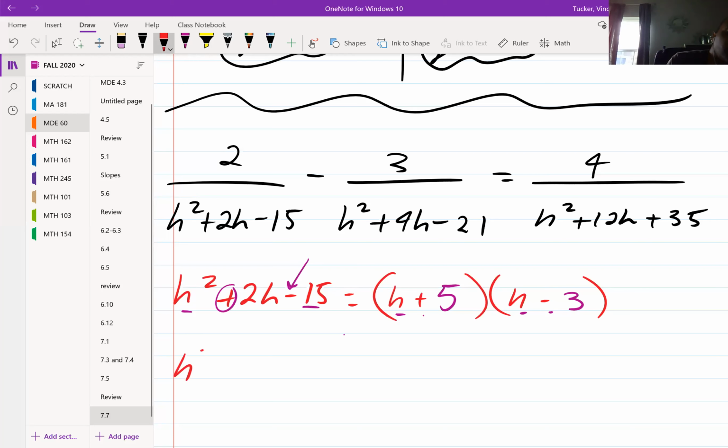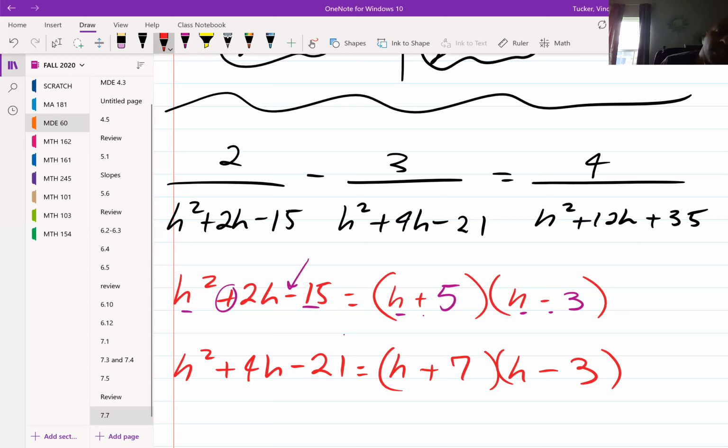Then that'd be my first factored one. I make that number one for that problem. Then I got to move on to the second one. I got to find the factors using the AC method. It'd be 1 times 21, negative 21. And I would say 3 times 7. What factors of 21 will subtract from each other to give us 4? You said 7 and 3. 7 is positive and 3 is negative.